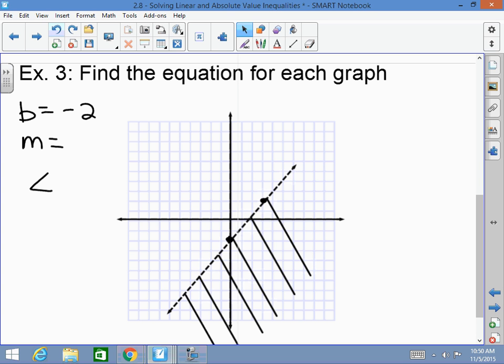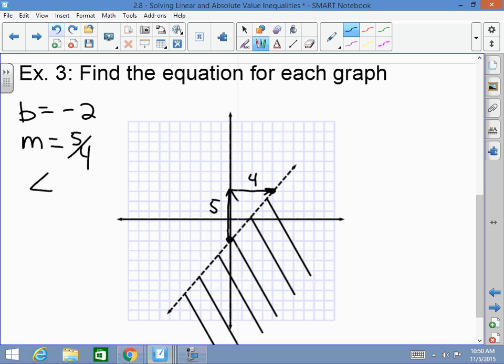Actually, you're absolutely right. That is more perfect. So it'd be up 1, 2, 3, 4, 5 over 1, 2, 3, 4. So my slope is 5/4.